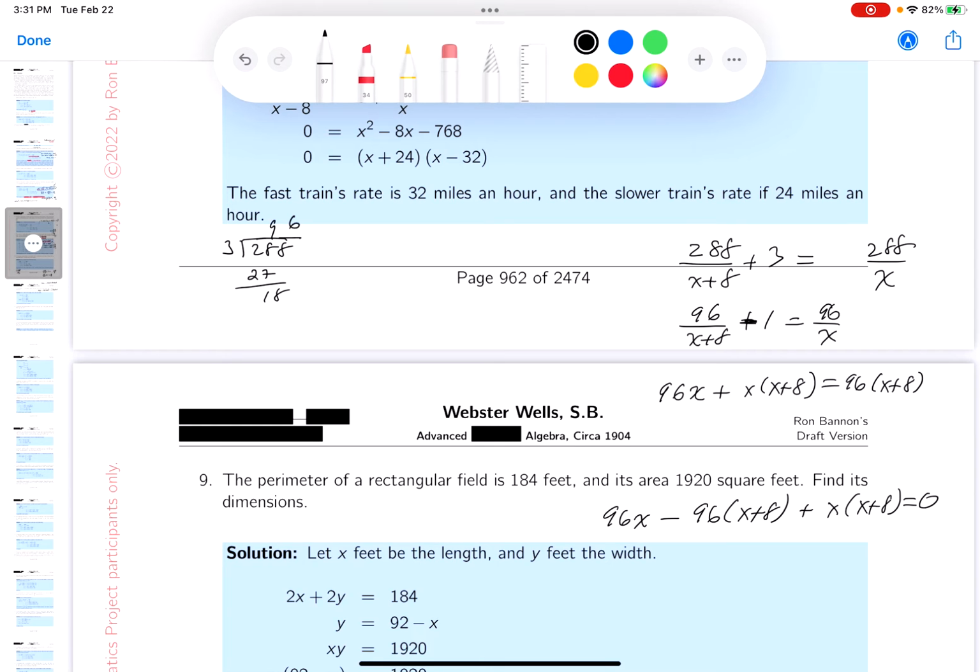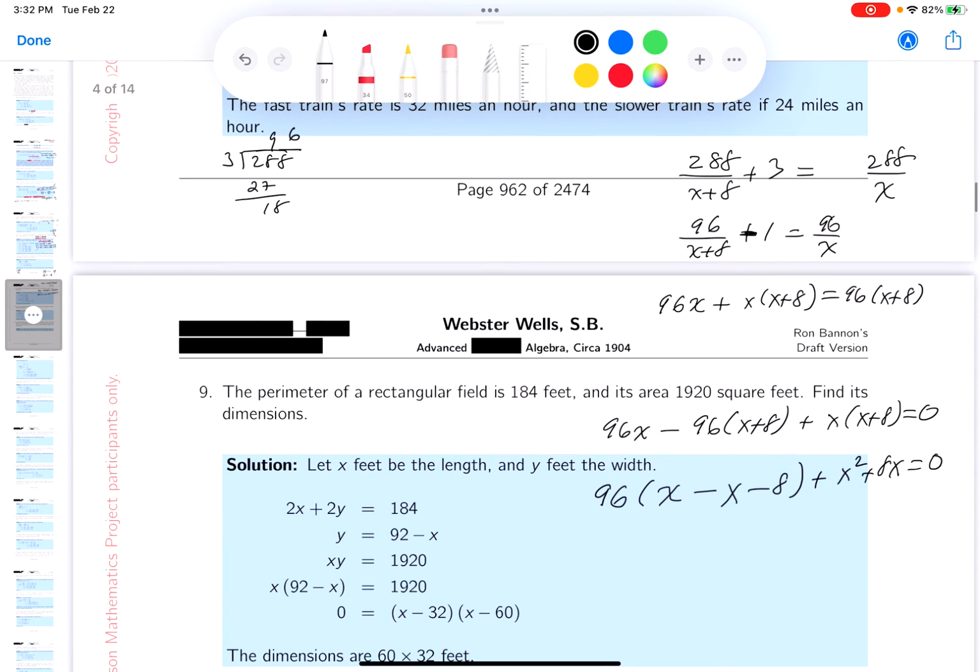I'm going to do something that a lot of people think is crazy, but I'm going to write this down, 96. And then what do I get? I get x minus x minus 8 plus x squared plus 8x equals 0.